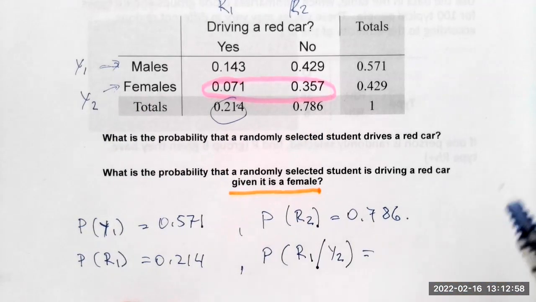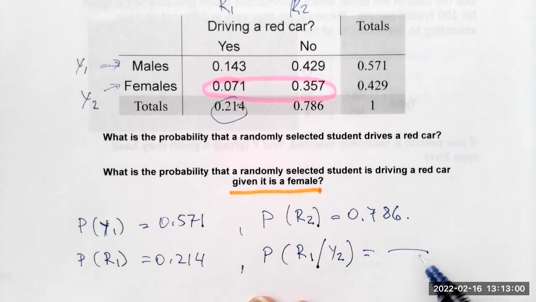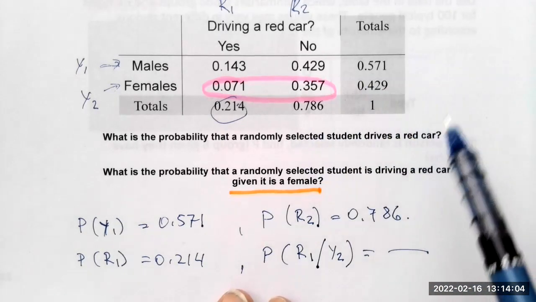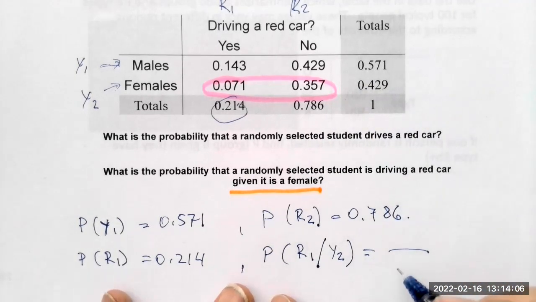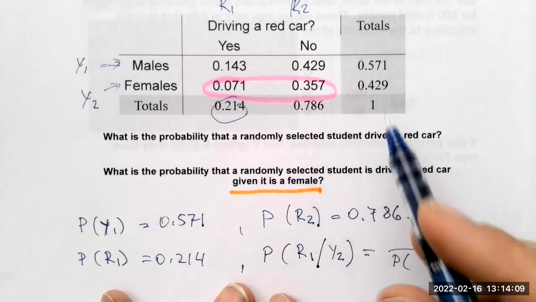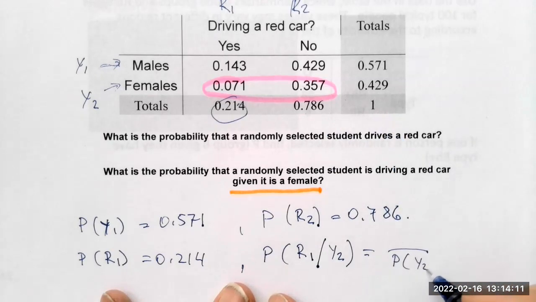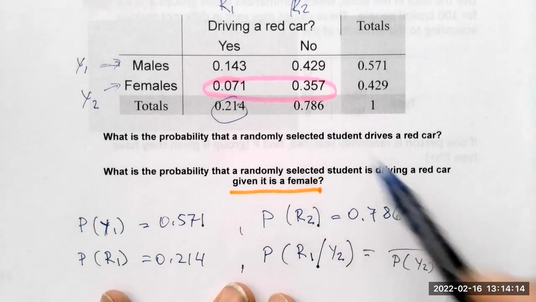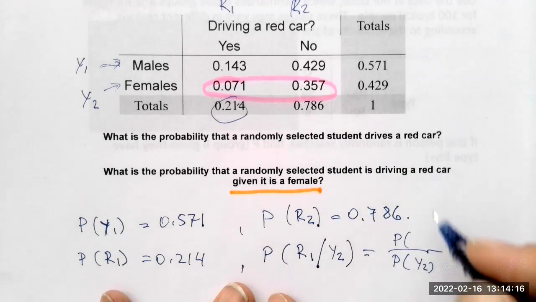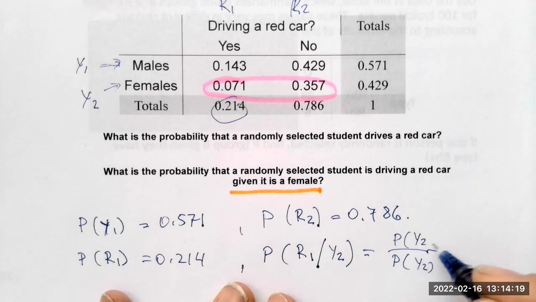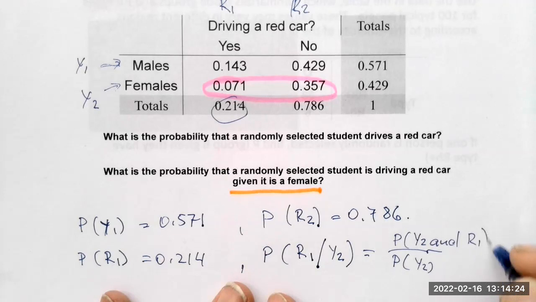Okay, so it's going to be a fraction. In the denominator, we're going to put the probability of selecting a female. And in the numerator, we're going to put the probability of selecting a female and the person who's driving a red car.